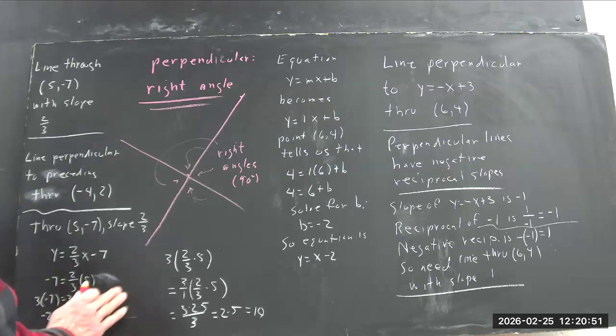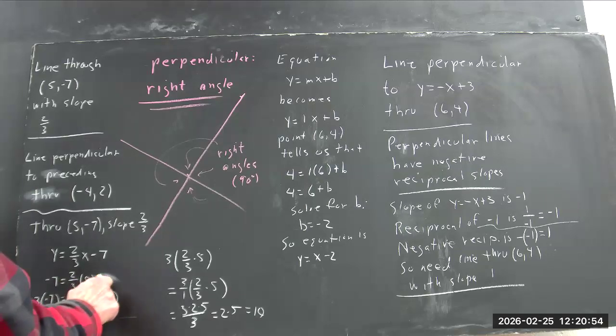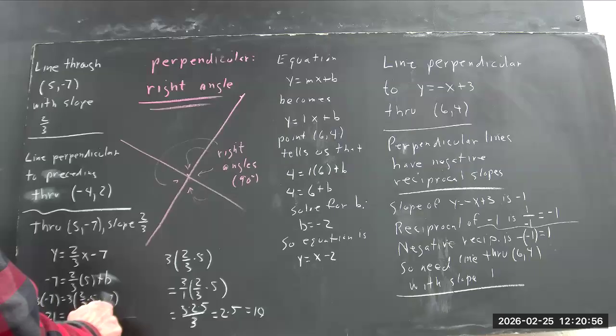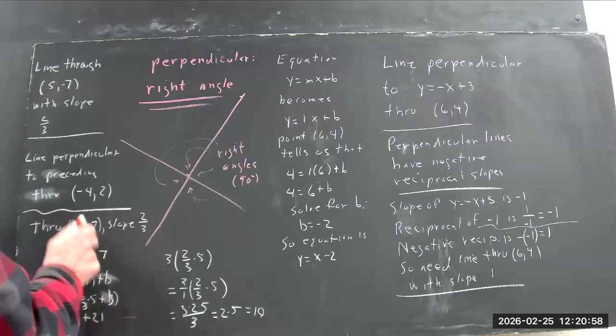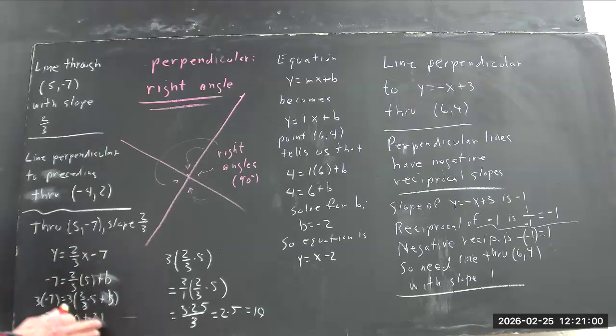I put a -7 there. Should have been plus b. My eye caught that and I wrote it down. 3 times the 2/3 of 5 gives us 10. 3 times b gives us 3b. And now we have an easy equation to solve. We just subtract 10 from both sides and we get b equals -31/3.